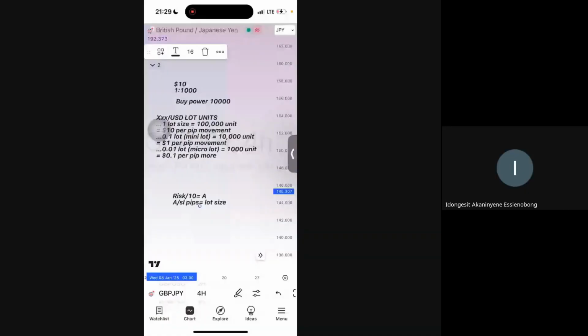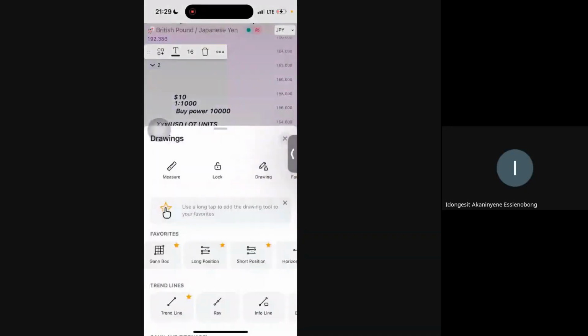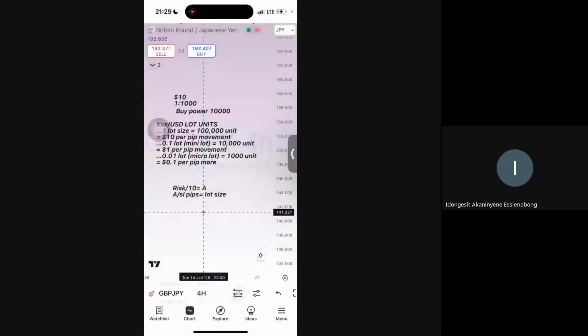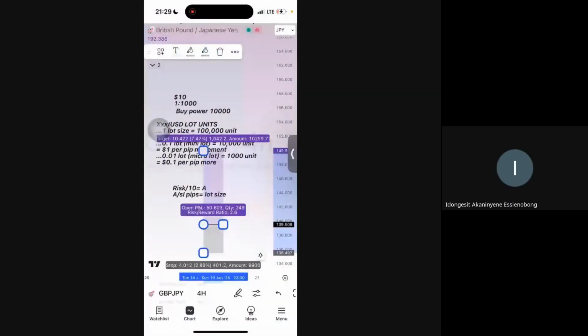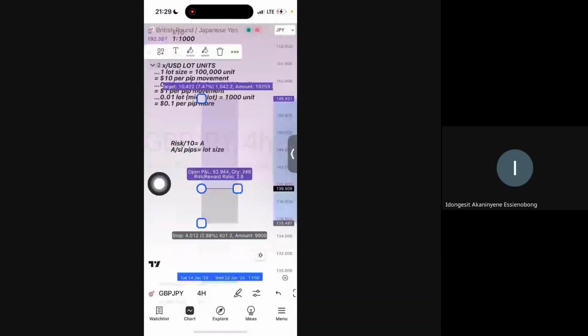Where do you get your stop loss pips? Remember I showed you guys earlier. Let's put our position. My phone is really hot. So this is our stop loss pips here. Don't forget, these are stop loss pips. No, this is a JPY pair. Let me use the pair it actually applies to.